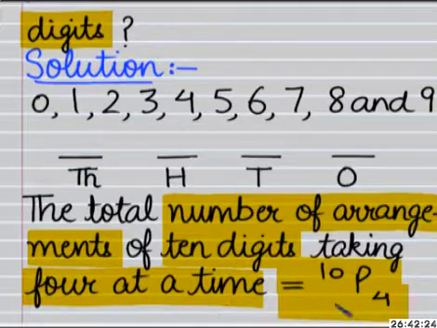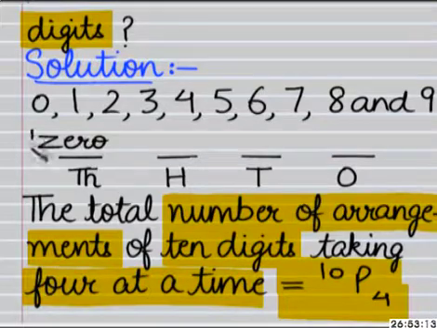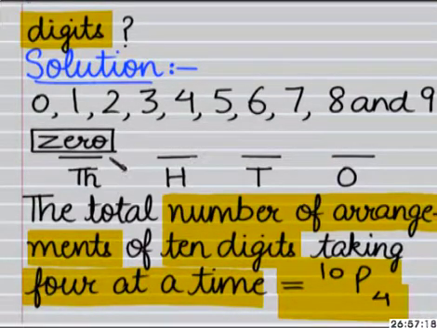But these arrangements also include those numbers which have 0 at the thousandth place. Such numbers are not 4-digit numbers.